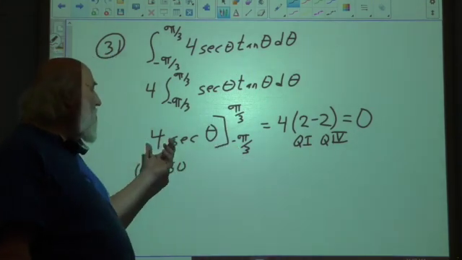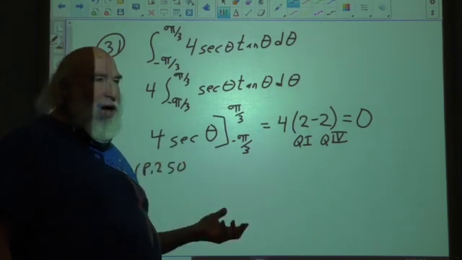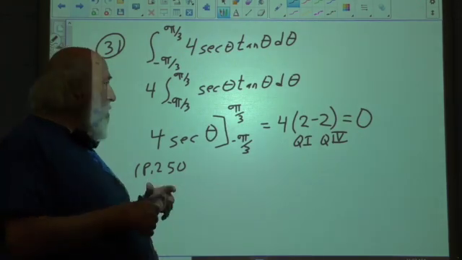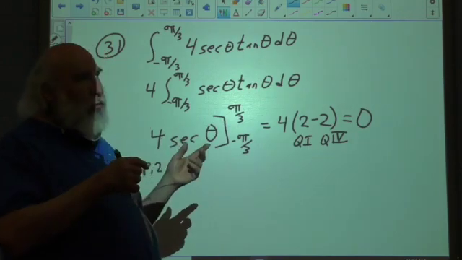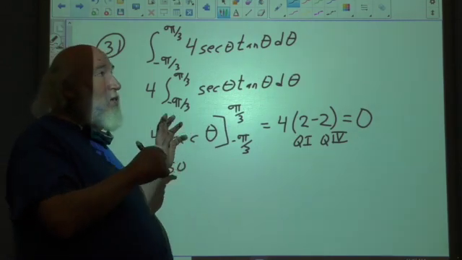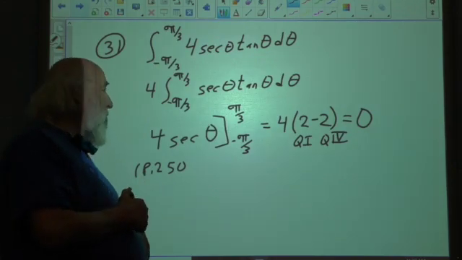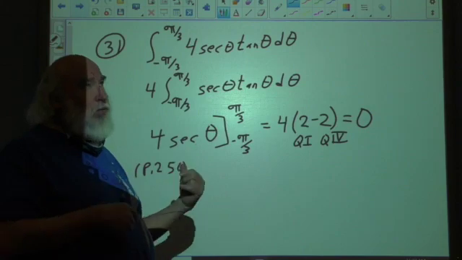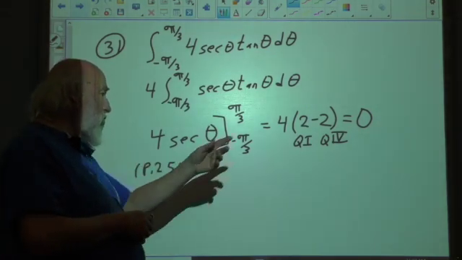So, we know that the cosine of 60 degrees is the same as the sine of 30 degrees, which is 1/2, or you just punch in the inverse of the sine of pi over 3, and that would be the inverse of the cosine of pi over 3, and that would be the secant of 3, which is 2.